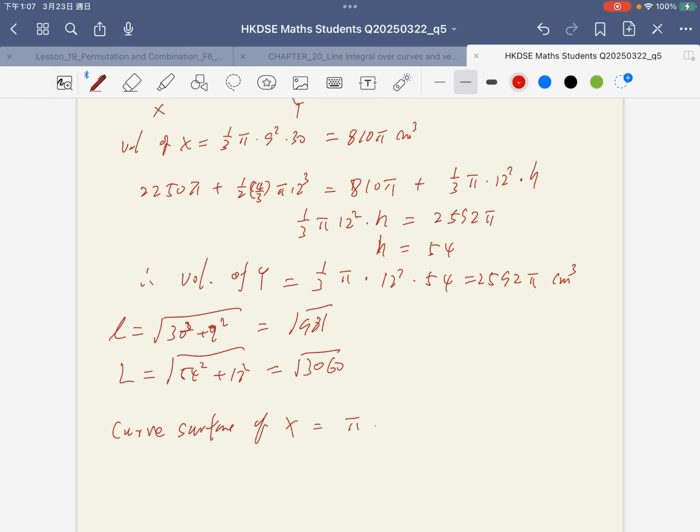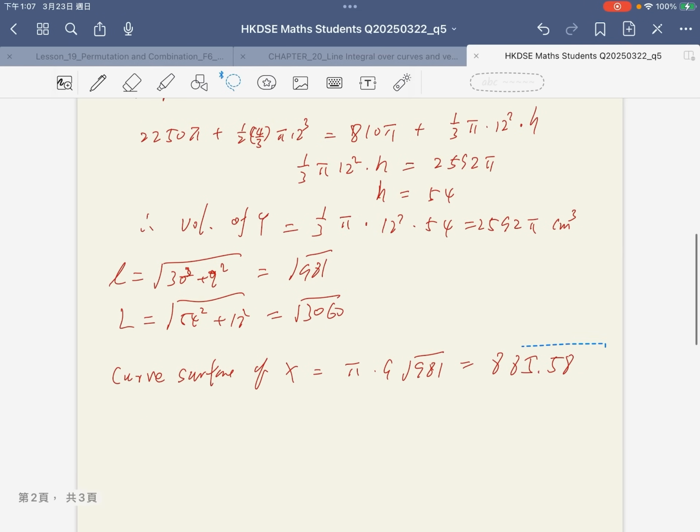Okay, then the curved surface area of X, which is pi r l. R is 9, times square root 981. This is 885 point something. Okay, I correct to two decimal places.